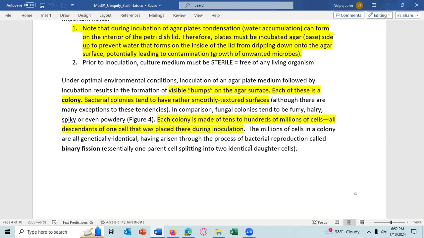And if you have 1,000,000 cells, you will have a very tiny colony that you can see. Most colonies are tens to maybe even hundreds of millions of cells. And they're all produced by binary fission, where one cell splits into two.